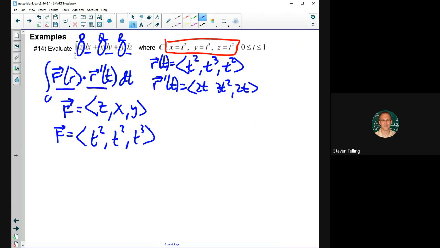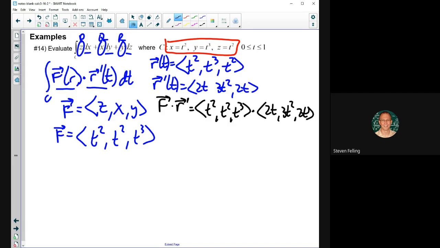What is the dot product? Let me change colors here. The dot product of F dot r prime. So that's going to be equal to F is t squared, t cubed, and then the r prime vector is 2t, 3t squared, 2t. Okay. So I will multiply these and add.